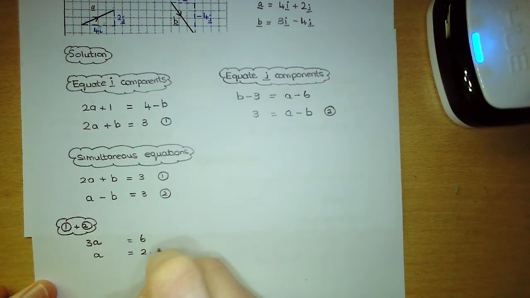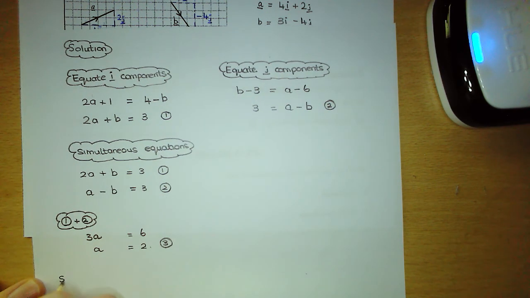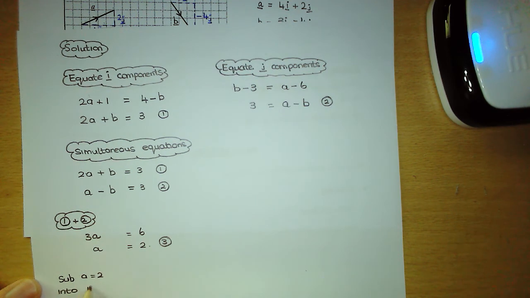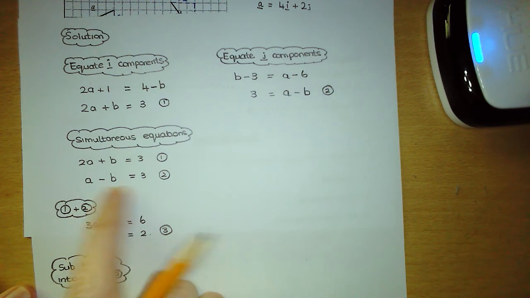Call that equation 3, and then finally we're just going to sub a into either equation 1 or 2. So sub a equals 2 into 1 or 2. Probably easiest one, chuck it into 2.